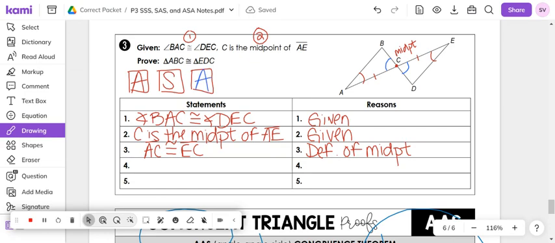An easy shortcut here, instead of marking out the letters like saying angle BCA and DCE, sometimes it's easier to just mark a 1 and a 2 in there. And then we can just say angle 1 is congruent to angle 2. And then that would just be vertical angles congruent.